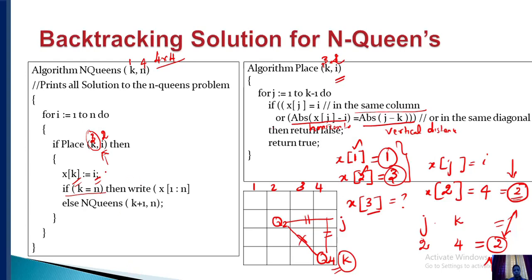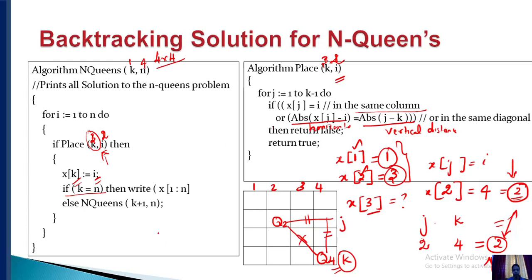For example, if we find the solution for queen number 2, then we have to find the suitable position for queen number 3. So next time it is k plus 1, and all the n possible places are given for the next function call, right?